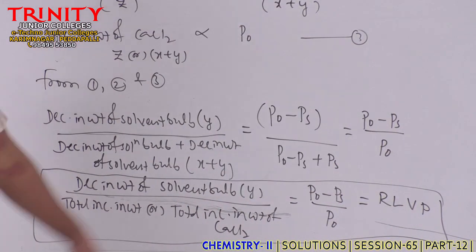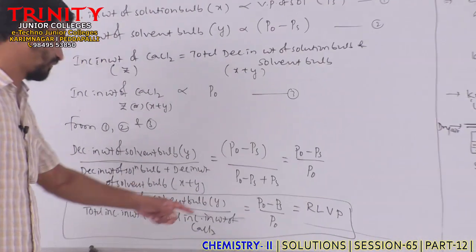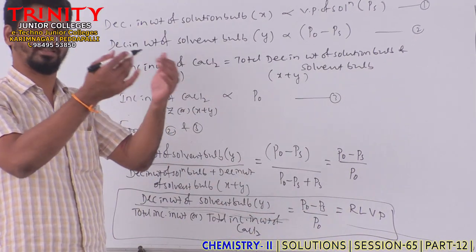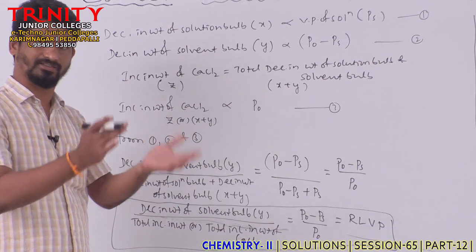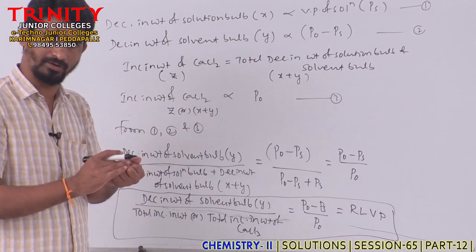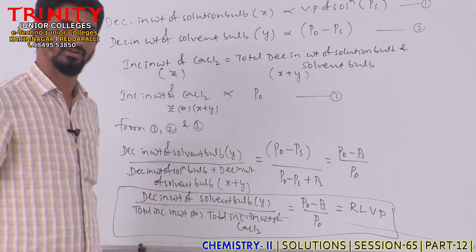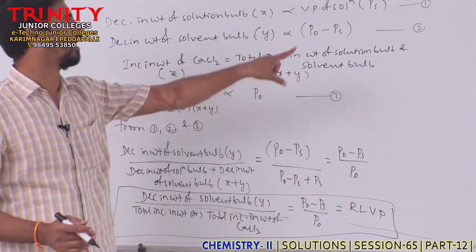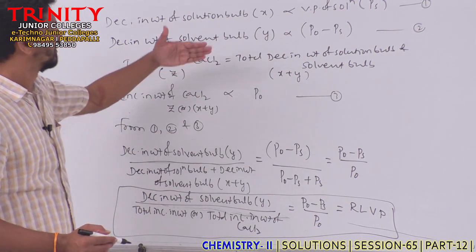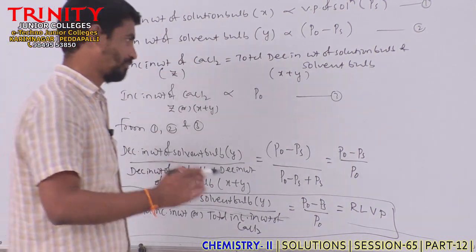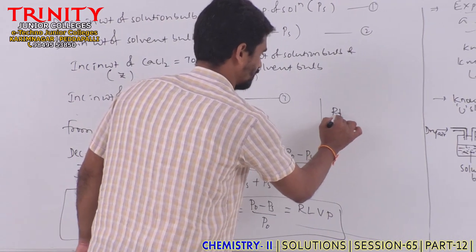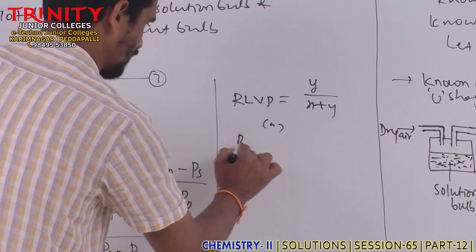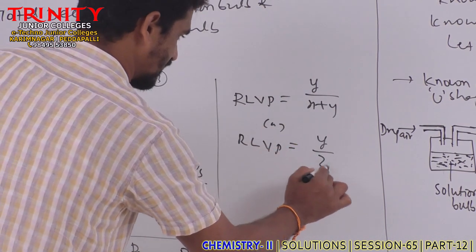So according to this Ostwald's method, RLVP is given by the decrease in weight of solvent bulb by decrease in weight of solution bulb plus solvent bulb, or increase in weight of anhydrous calcium chloride. So this is about calculation of RLVP. RLVP equals Y by X plus Y, or RLVP equals Y by Z.